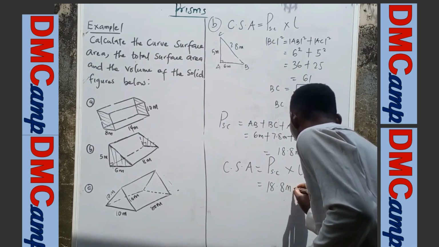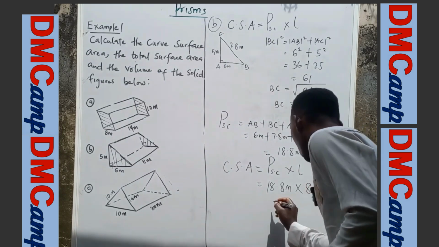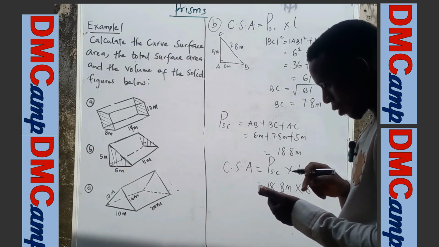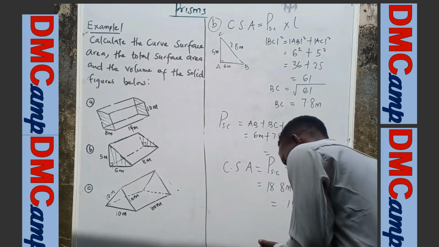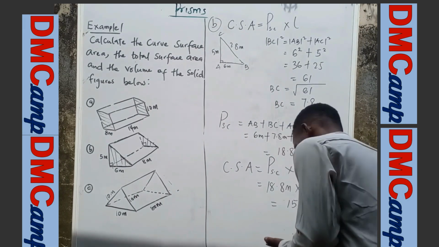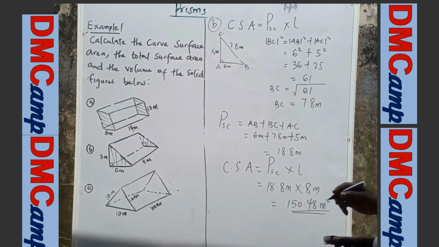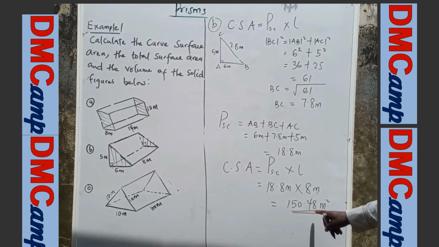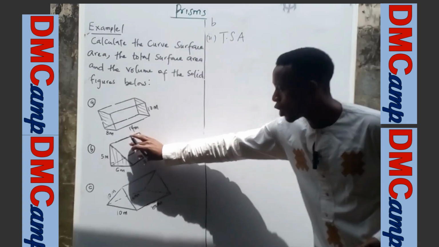So here you are going to have times 8. So the curved surface area of this shape will give us 150.48 meter square.